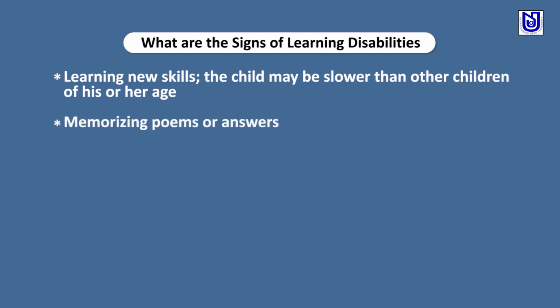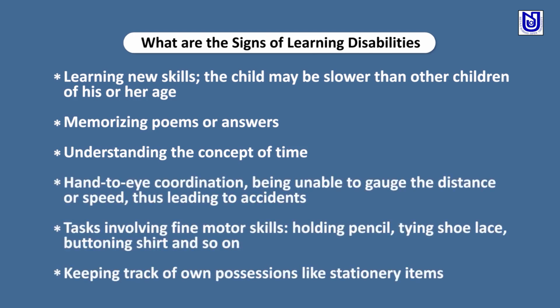Then memorizing, recalling facts. I was telling that storytelling, maintaining the sequences of the story, is a difficult task for the child. Then understanding body language and facial expression of others. Sometimes they face problems understanding facial expression and body language.